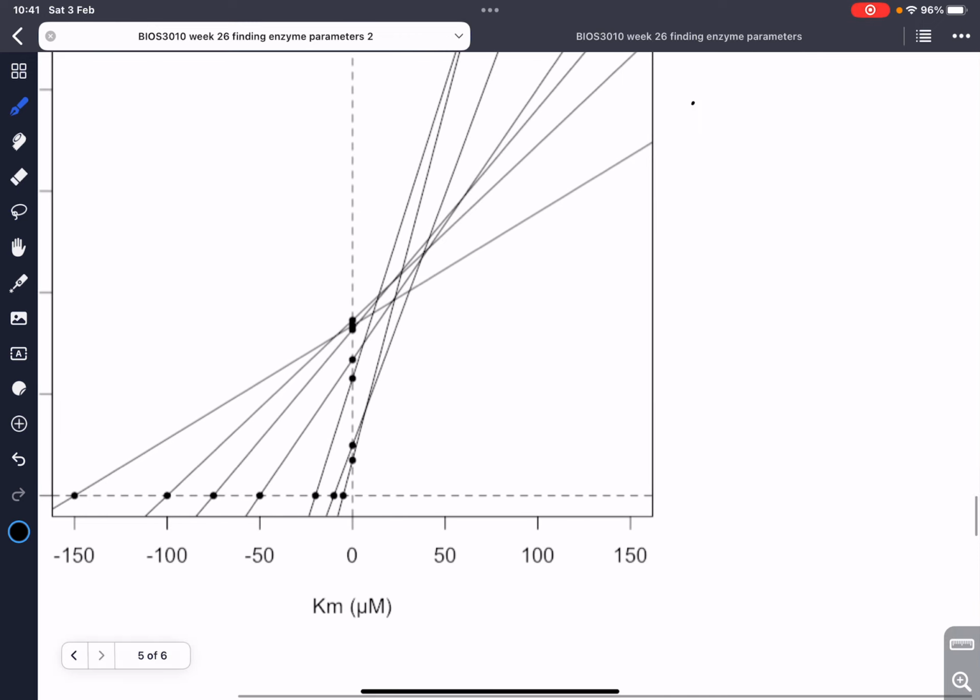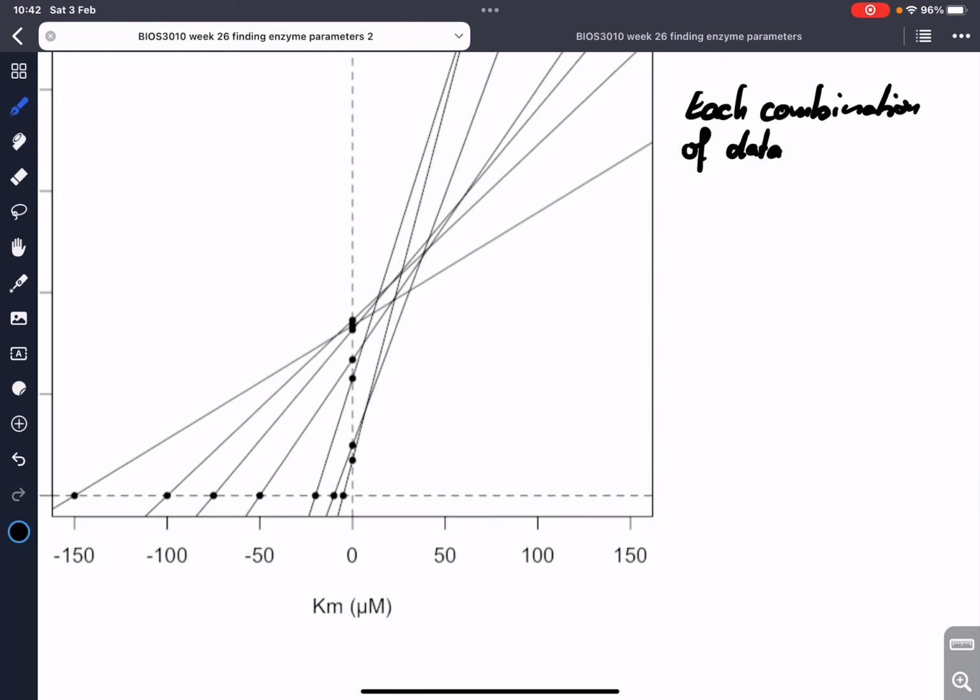So each combination of data pairs gives a separate estimate for Vmax and Km.